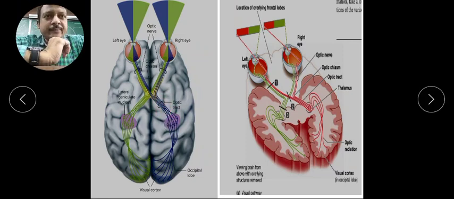So from the retina, optic nerve, then there will be the optic chiasma on the sphenoid bone, then the optic tract. The optic tract ends in the lateral geniculate nucleus, or the lateral geniculate body of the thalamus.